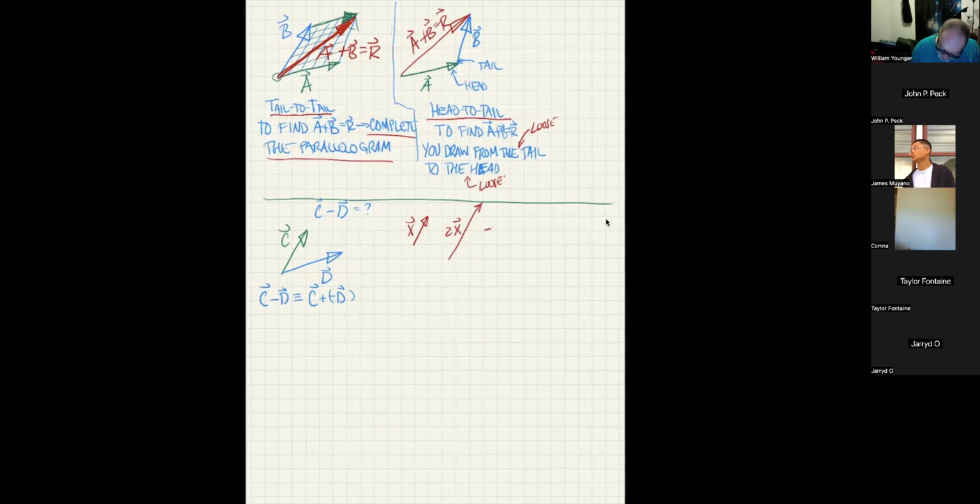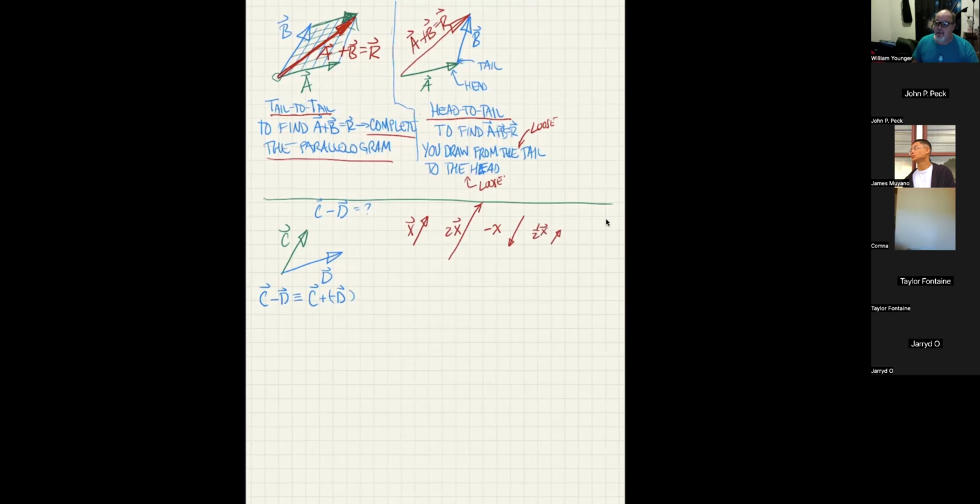If I want vector negative X, then I'm going to draw from here to here. If I want vector 1/2 X, I'm going to draw from here to here. And that's pretty much it.